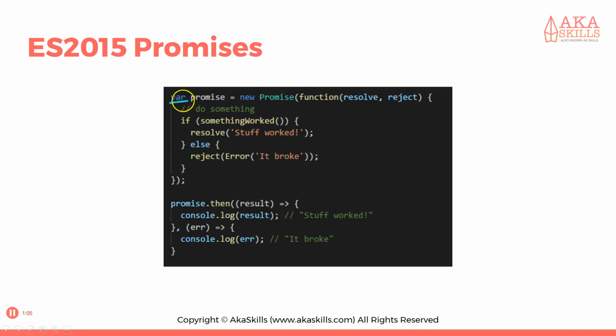Here is an example again of promises, how we can use them. So again, I'm saying var promise equals new Promise and define here as a parameter a function with resolve and reject. If something worked, I'm going to call resolve, else I'm going to reject it with the error it's broke. Then I'm calling promise, which is this variable, and I'm saying .then, expecting a result, and this is if I have a resolved call.